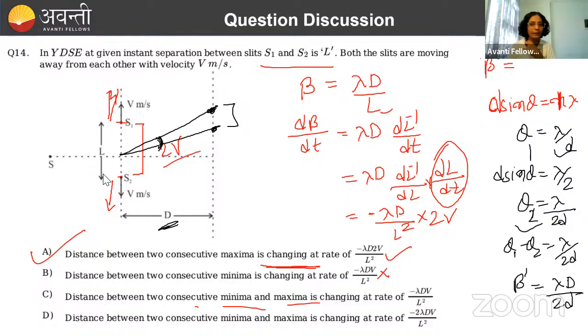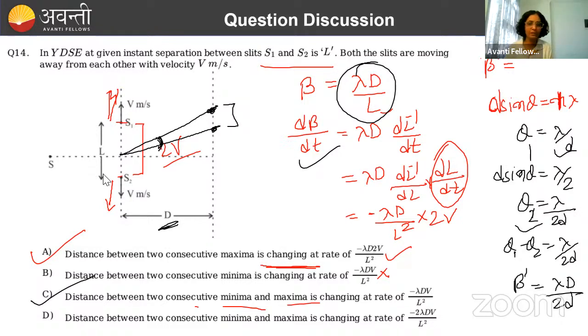So a 2 will come in the denominator. The same process we will go through, the only difference is that half of this will be the answer. So half of this will be what? The 2 will simply cancel. So minus lambda dv by L square. Minus lambda dv by L square. So C is correct. Done.